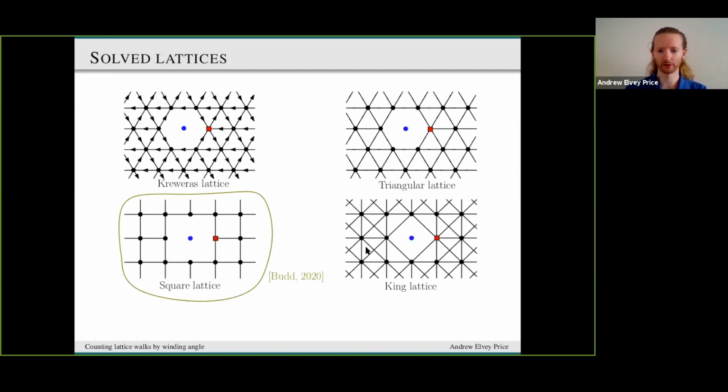Here are the 4 lattices on which I've counted walks by winding angle. As I said, the square lattice was solved by Timothy Budd, but I'll mostly focus in this talk on the Kreweras lattice.